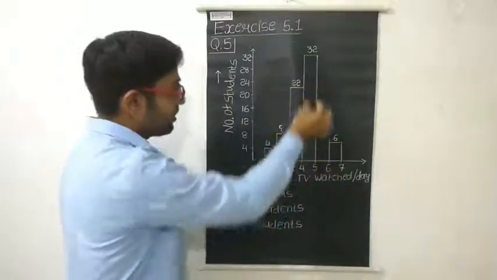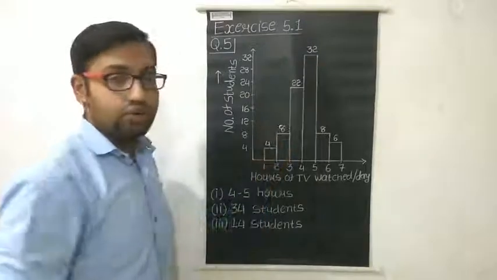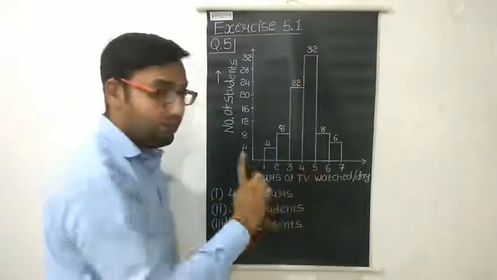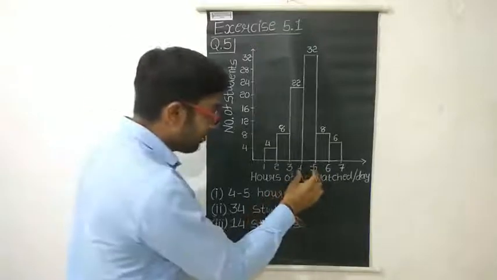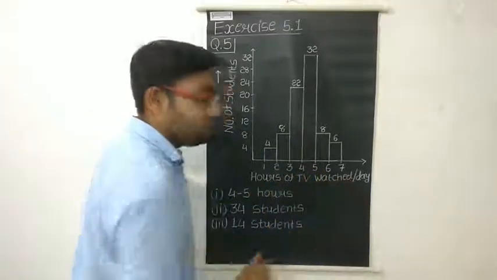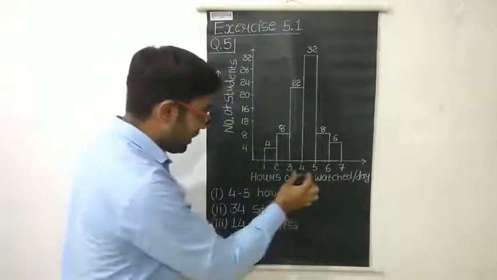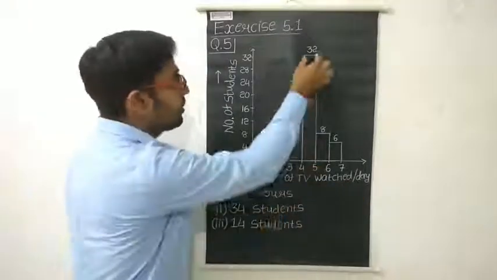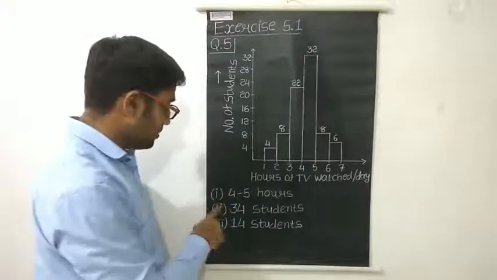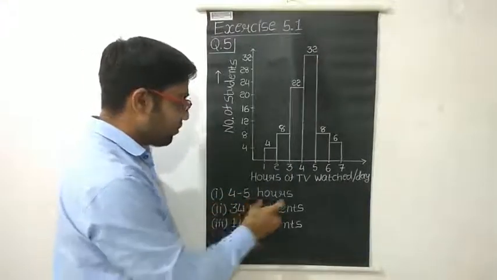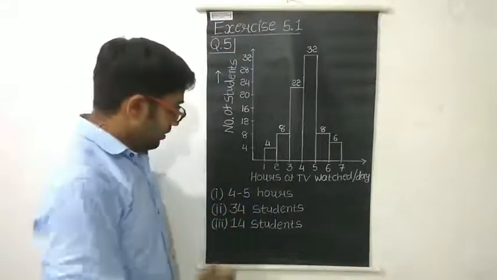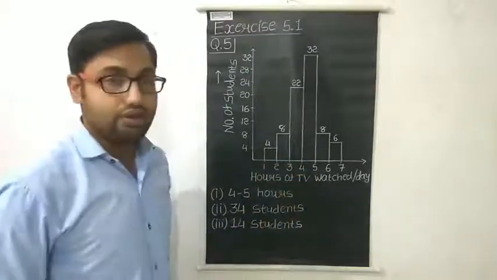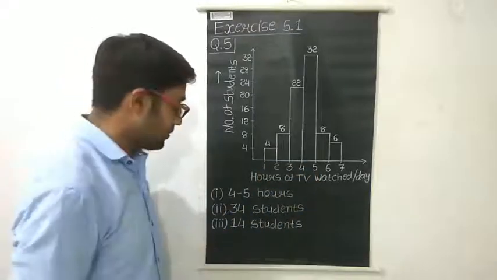So this bar has the maximum value, 32, and it represents the class interval 4-5, which is hours of TV watched per day. So 32 students watched TV 4 to 5 hours a day. So the first answer is 4 to 5 hours. This is the answer of the first question.